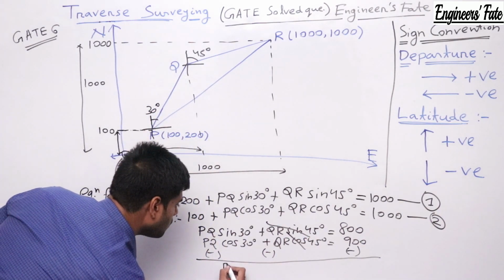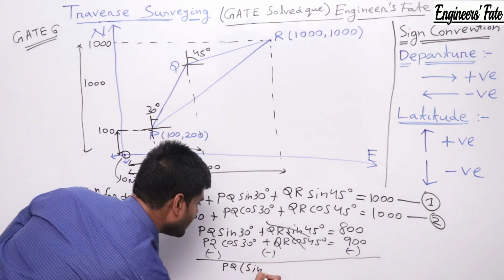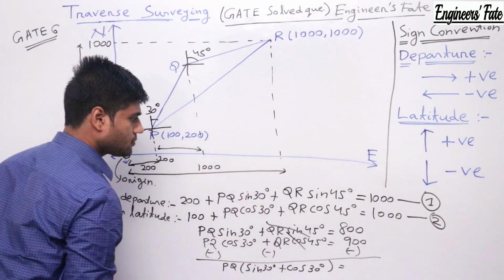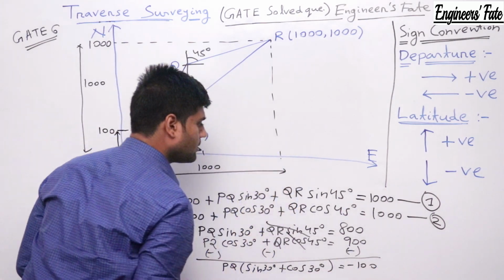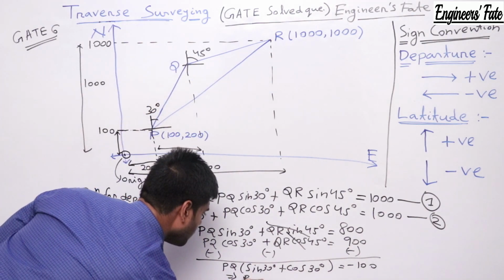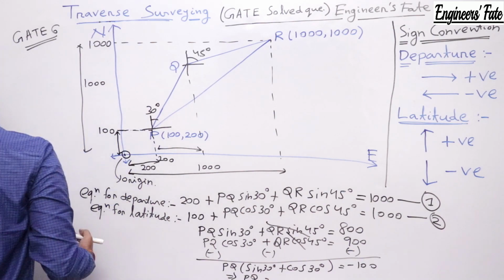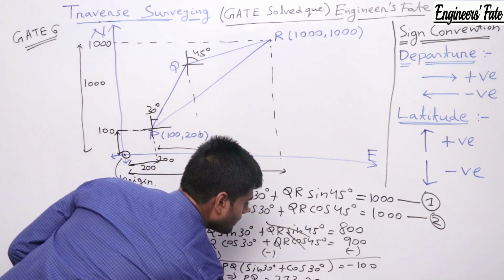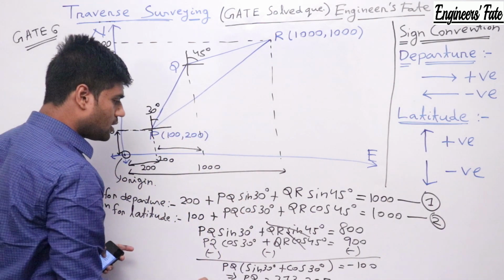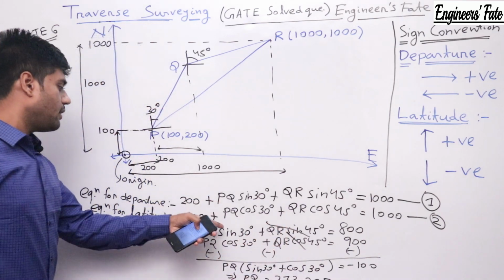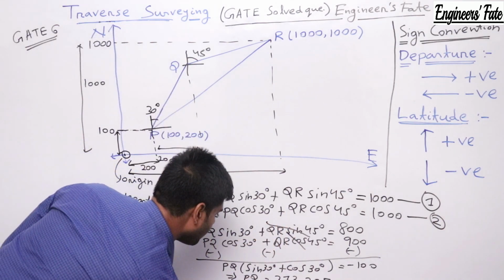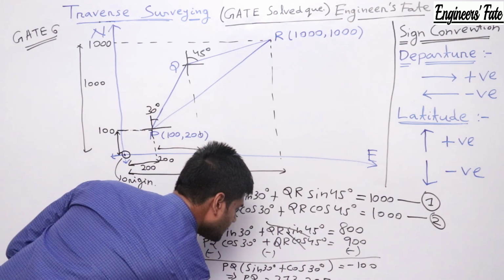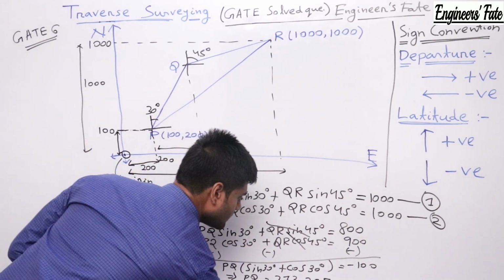Then I have to take the common PQ, sin 30 plus cos 30 equal to minus 100. Okay, so the PQ value will come as 273.205. Then if I put the value of PQ in this equation, the QR value will come as 938.186.